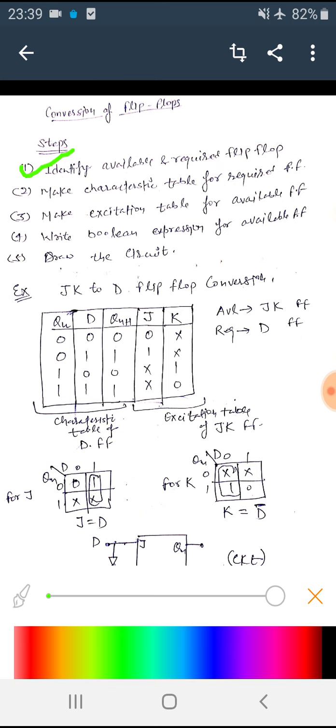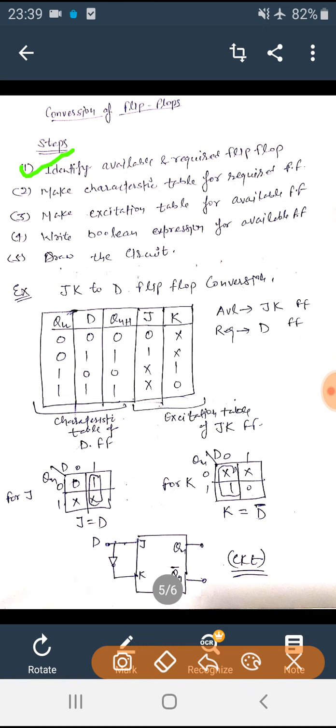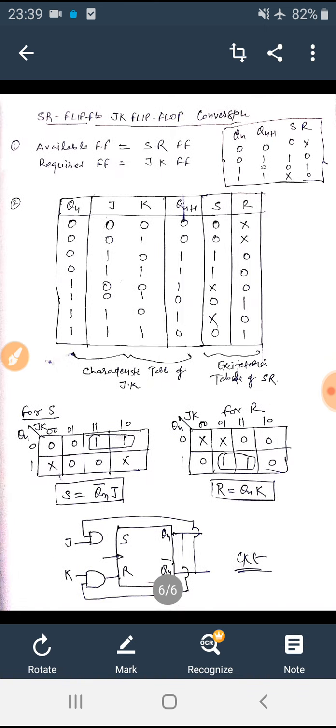Second is to make the characteristic table for the required flip-flop and the excitation table for the available flip-flop. The fourth one is to write the Boolean expression for the available flip-flop and then design the circuit according to that Boolean expression. Okay, so this is it for the lecture. Thank you very much.